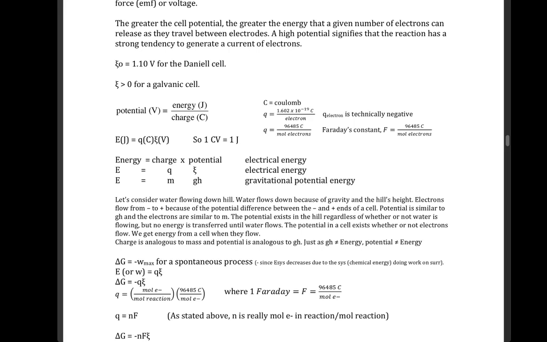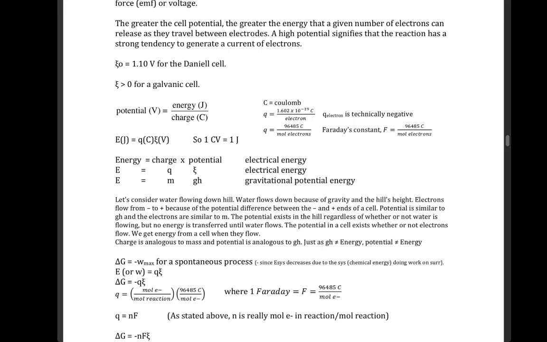That's what that naught implies. Standard conditions: 1 molar concentrations, 25 degrees Celsius, 1 atmosphere pressures if gases are involved. For a galvanic cell, a spontaneous reaction cell, the potential is greater than 0, it's positive.